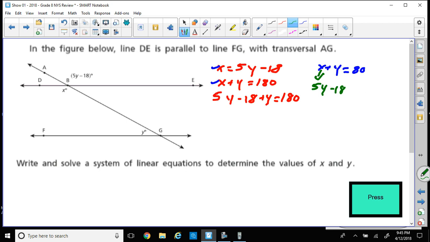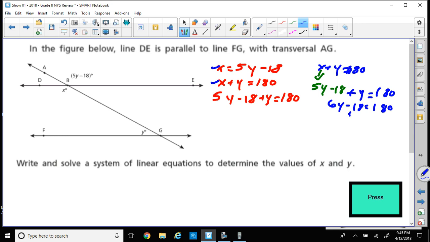I already have a plus y there, and that equals 180. So I left out the 1 there. All right, so we got 5y plus 1 little y is 6y. We have minus 18 equals 180.